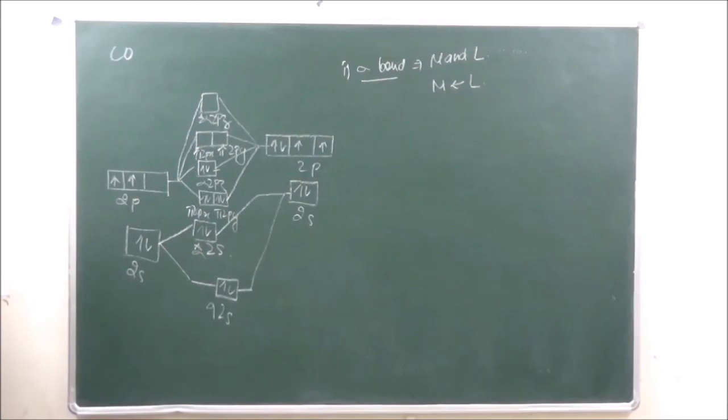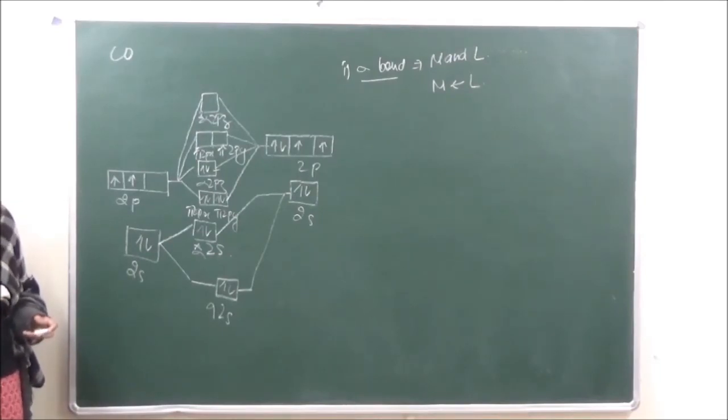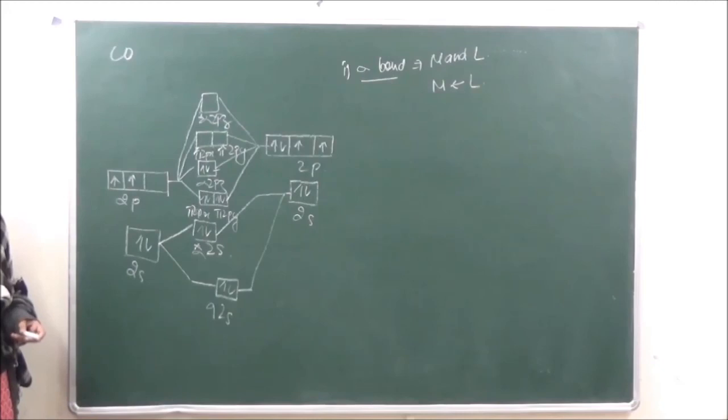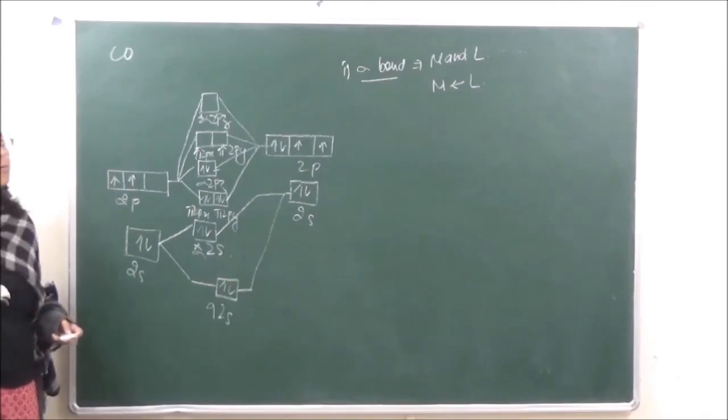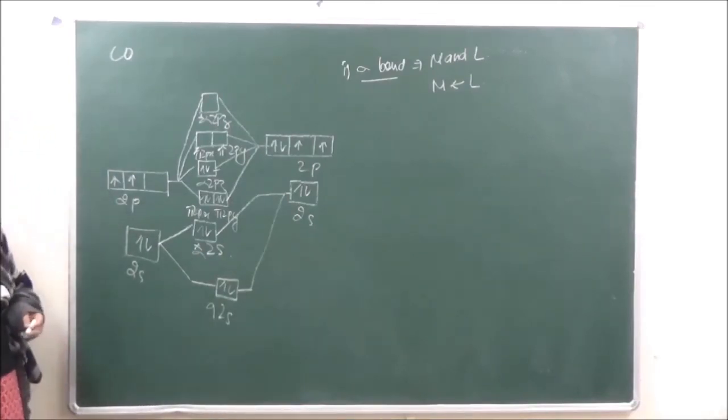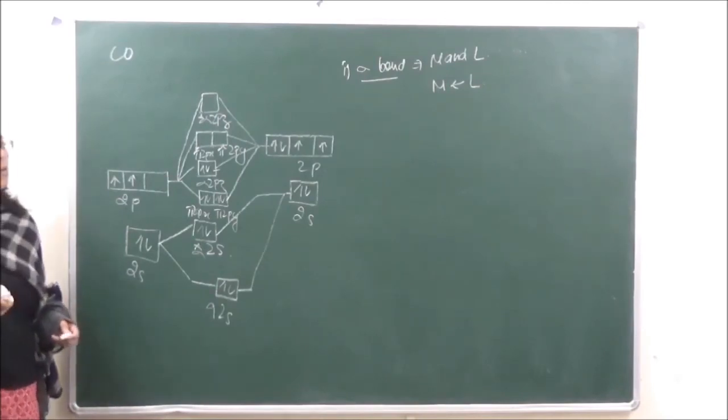So you can write down in the first point, there is a donation of a lone pair of electrons of carbon in the suitable empty orbital of the metal atom to form a sigma bond, the normal dative bond formed in coordinate complexes.